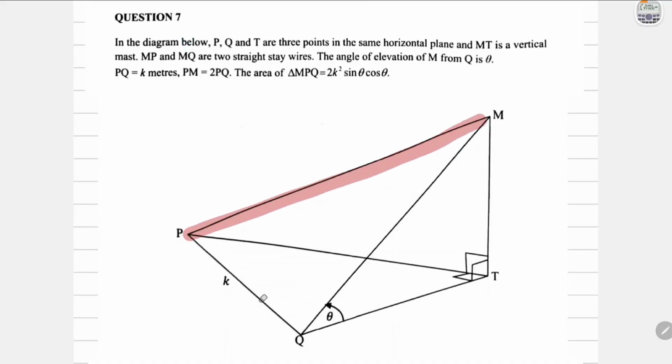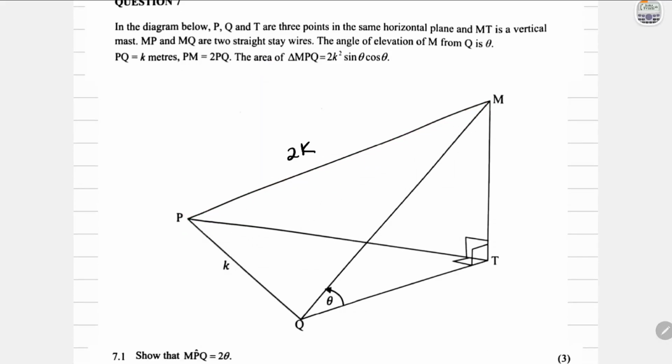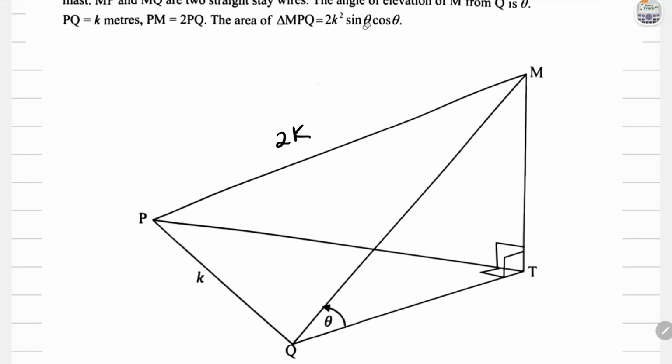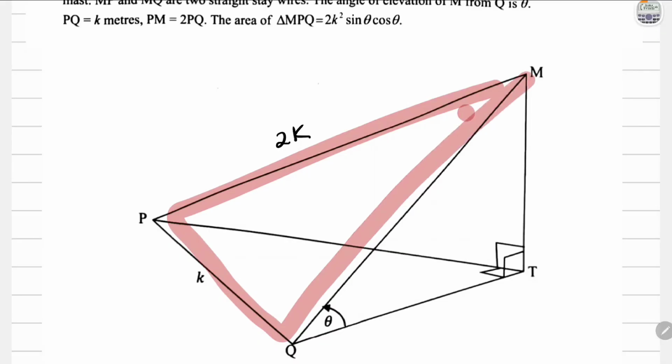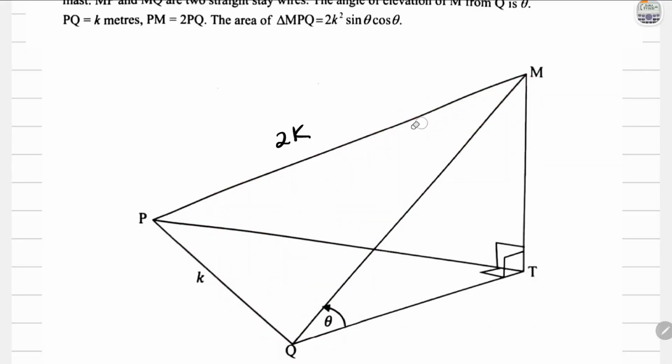If PQ is K and PM is 2 PQ, so 2 times the size of PQ, meaning this is 2K. We just put that down already so we know. And then they tell us the area of triangle MPQ, this front flat side here, is given.